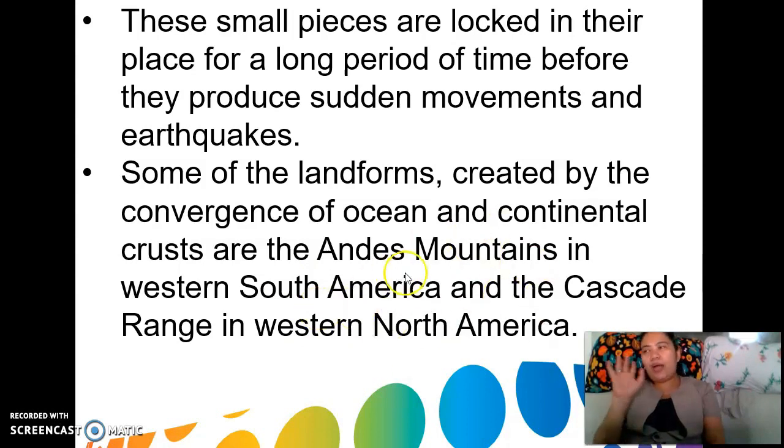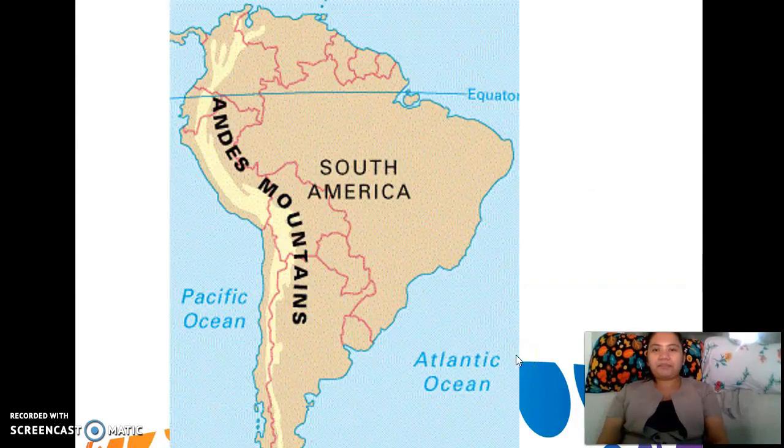So, kindly have a brief recap so that you would have a view of the mountains and volcanoes that I will mention in this discussion. So, you have the Andes, the longest mountain range in South America, and the Cascade Range in western North America.